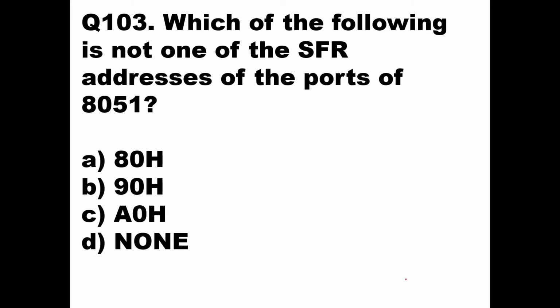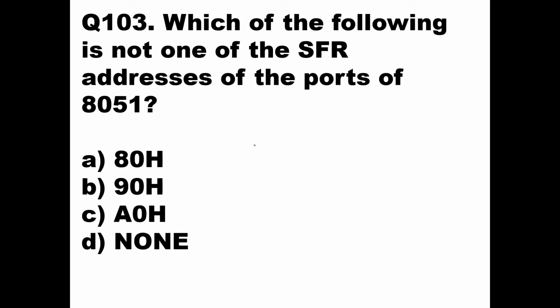Next we'll go to question 103. Which of the following is not one of the SFR addresses of the ports of 8051? The options are: option A is 80H, option B is 90H, option C is A0H.